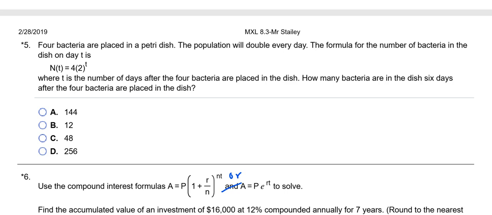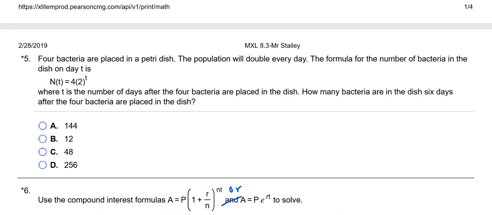Find the number of bacteria. You got the equation. Times 2 to the 6.